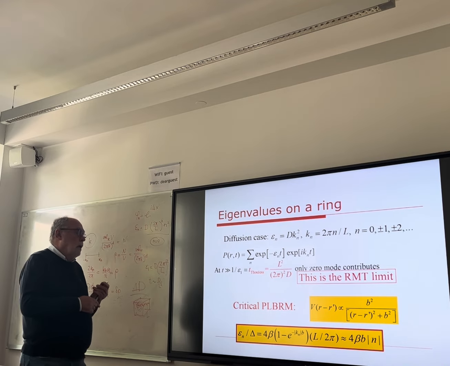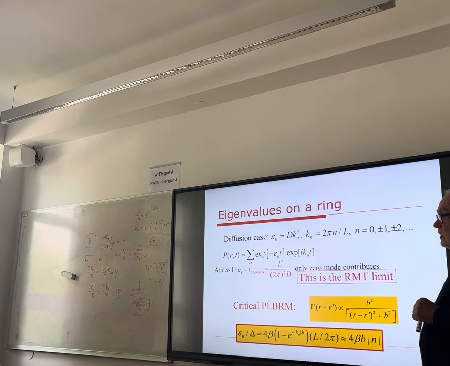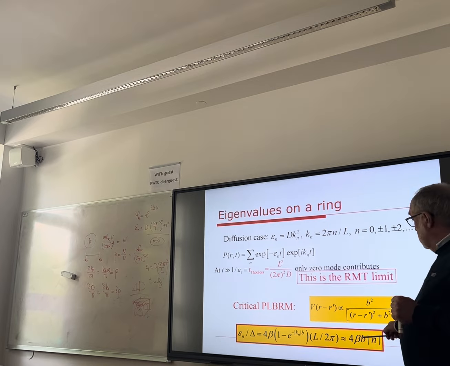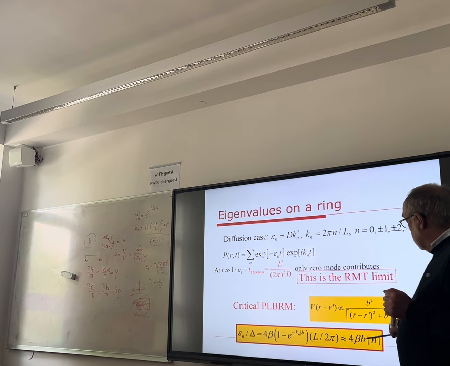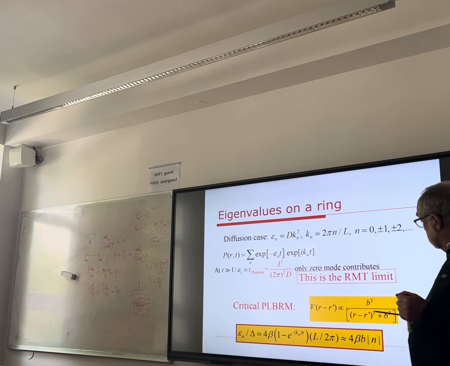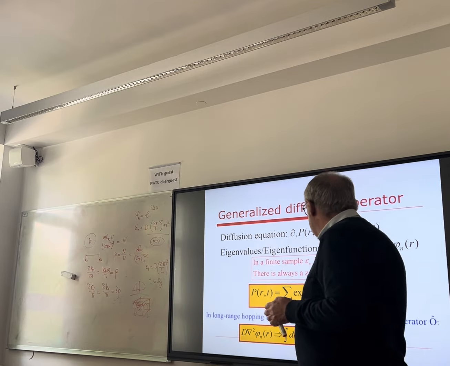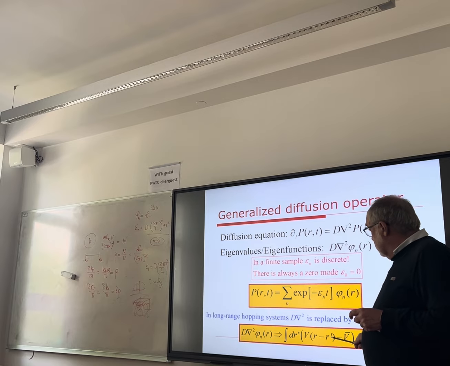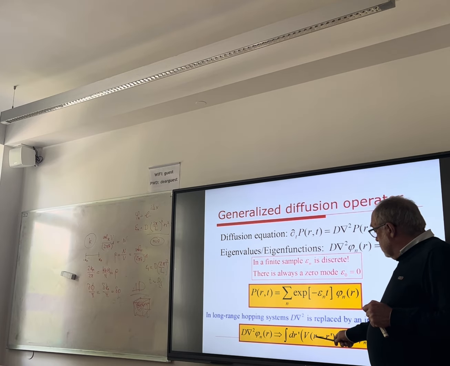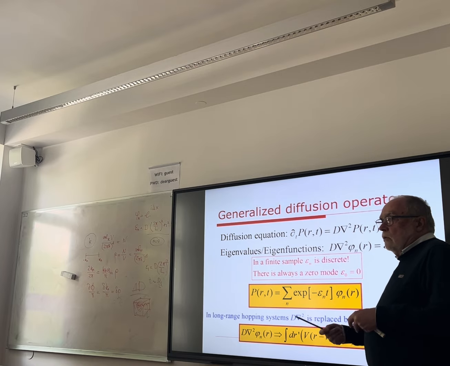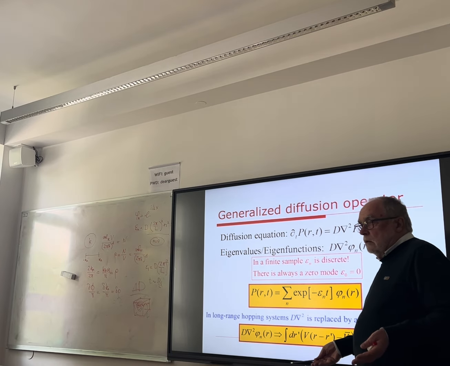Because the power of this eigenvalue is equal to the dimensionality of space. And here such a power appears only if there is a second power here. It is very easy to understand because you see what I have to do. I have to do this integral, and if it is 1 over r squared, and there is a phase volume which is r, then the result scales like 1 over r, and 1 over r is k, linear.